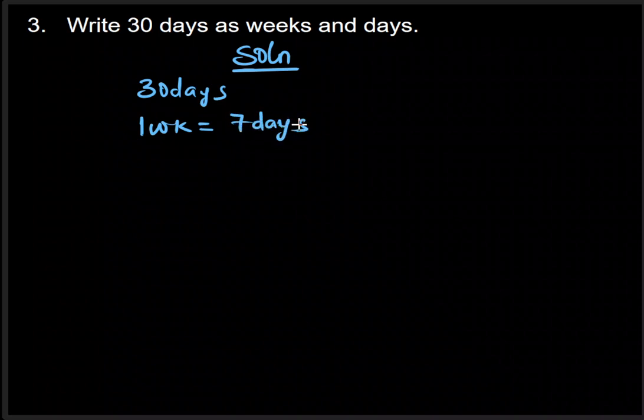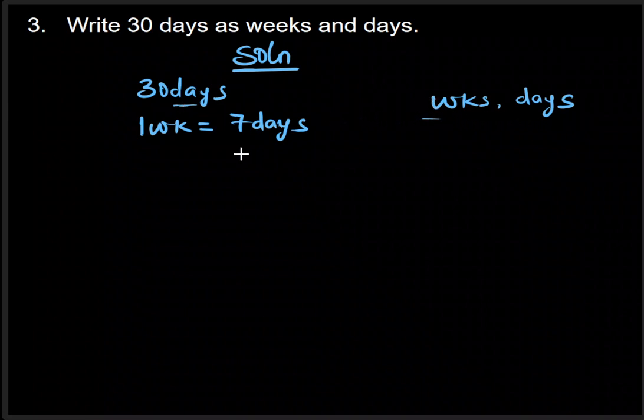And just like I did, we have to write it in weeks and days. And what are we being given? We are being given days. So what do we do? The days is the smaller unit which we have to represent. So we have to do our division.